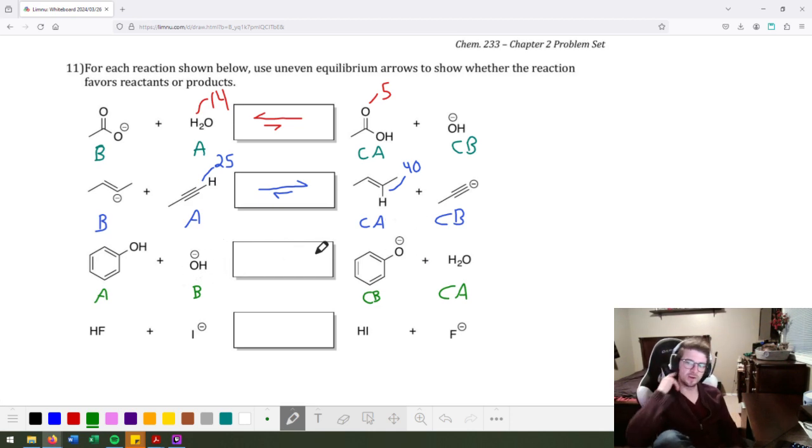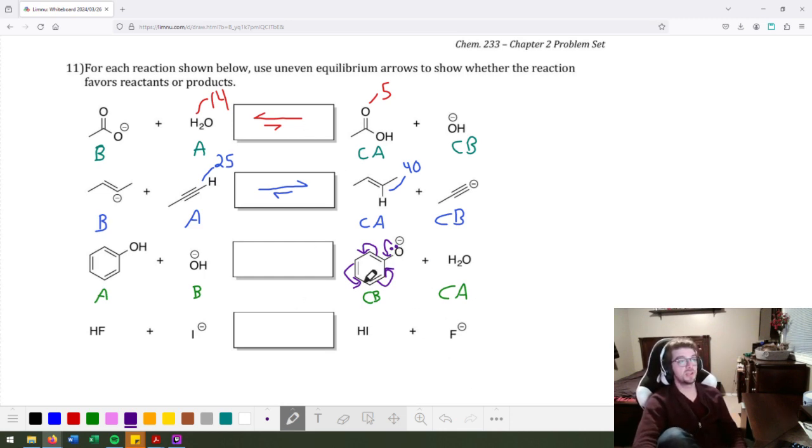So both of these have a negative charge on oxygen, but the OH minus has no resonance stabilization, whereas the phenoxide has lots of resonance stabilization, and so on and so forth, as 1, 2, 3, 4 valid resonance structures.